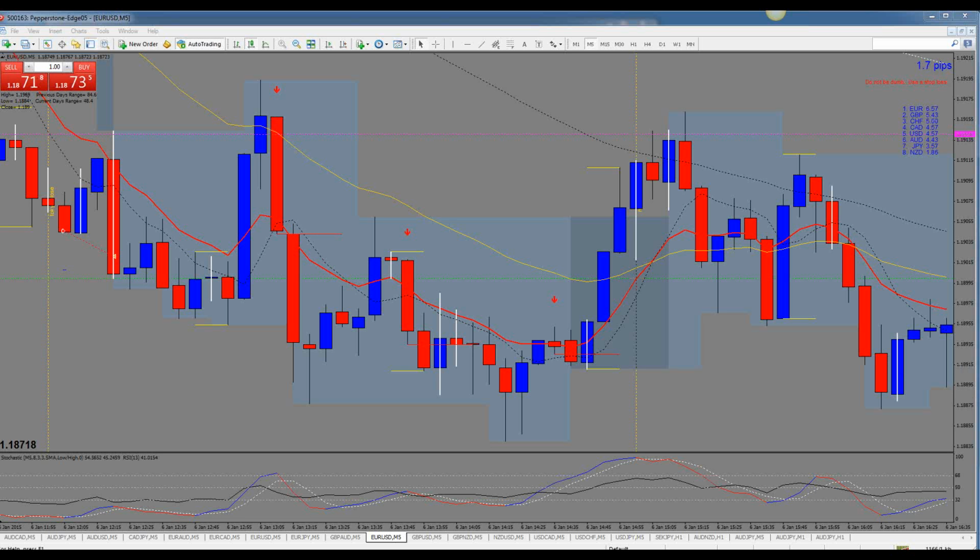What are the numbers to the right of the charts mean? You mean these numbers here? Yes. Basically, that's a strength meter, telling us that the euro at this point in time is the strongest pair, and the New Zealand dollar is the weakest pair.